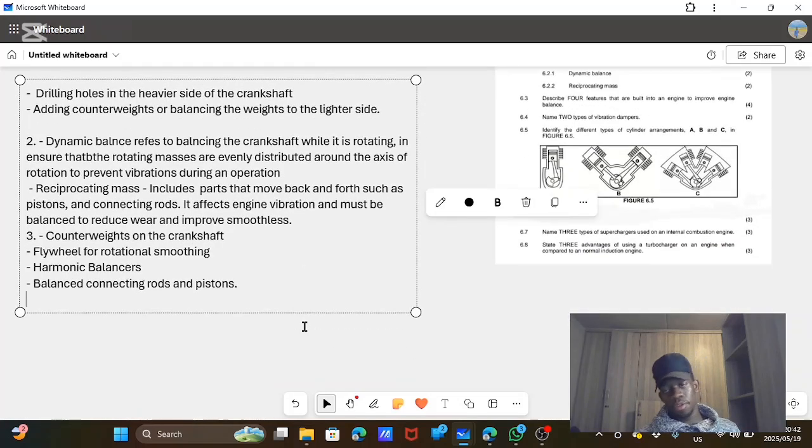Name two vibration dampers. Number one is a rubber or fluid belt damper.